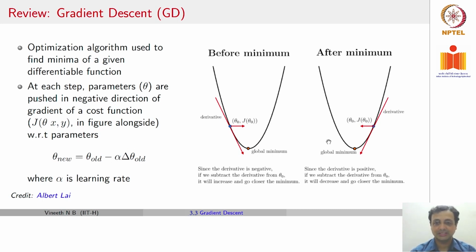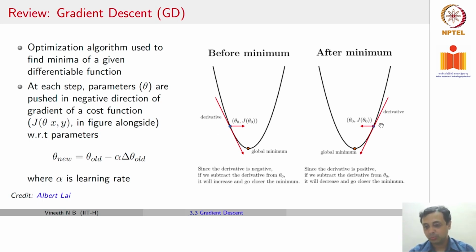And we saw this visualization also in the last lecture, where you have a simple convex function, and if you consider a point to the left of the minimum, say this blue point here, the gradient there is negative. So when you go in the negative direction of that, you're going to be going towards the positive side or the right side, which will take you towards the minimum.